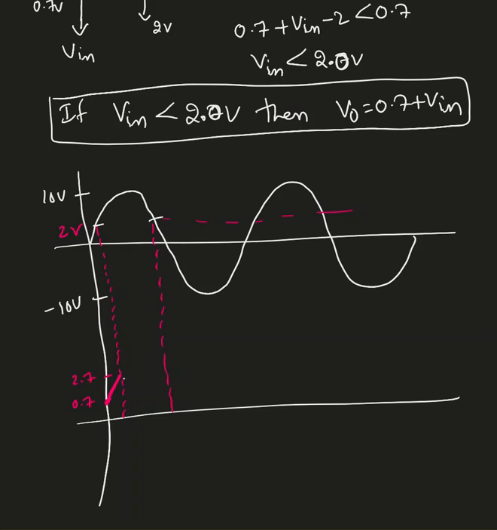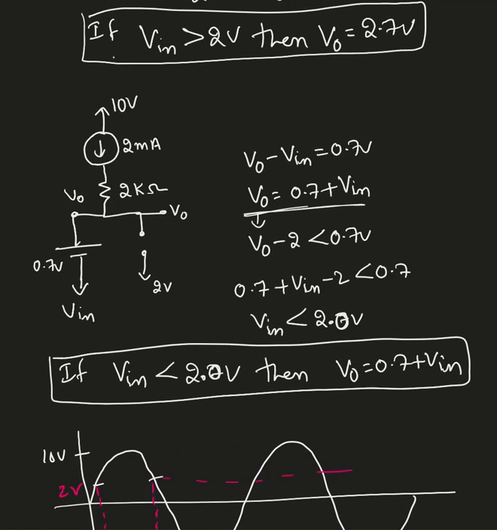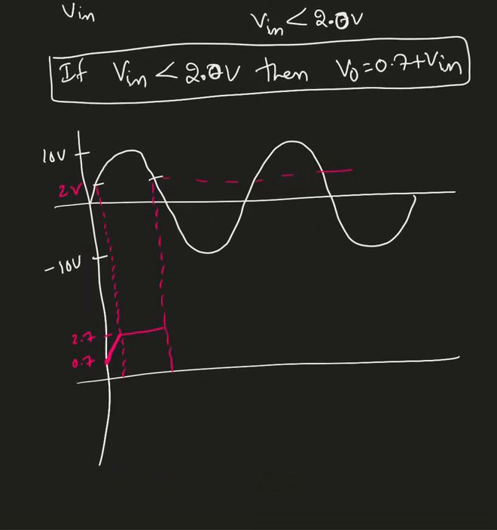Now it's going to clip at that value based on the above condition. If input voltage is greater than 2 volts, my output voltage is going to be clipped at 2.7 volts. And when it comes down, the negative waveform, it's going to follow the whole thing.